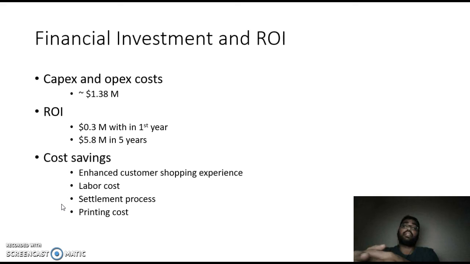We can save money in the settlement processes from the vendors, and it will be an easy process to save a lot of money on the administrative cost.